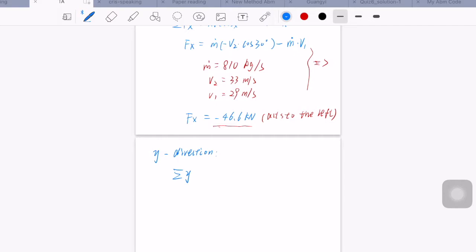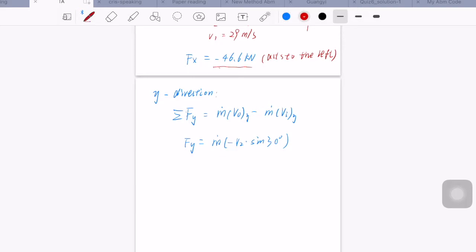Sigma Fy should be equal to m dot times v out in y minus m dot times v in in y, and so we can get that Fy should be equal to m dot times minus v2 times sine 30 degrees.